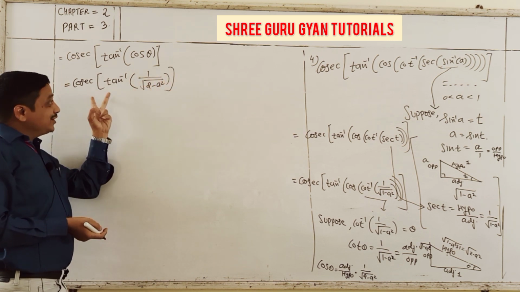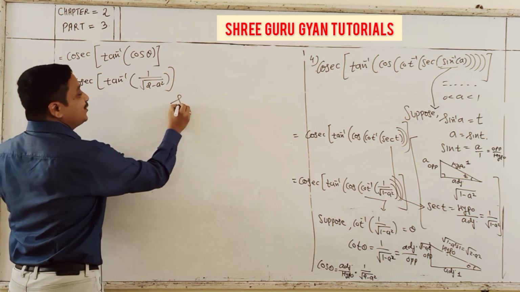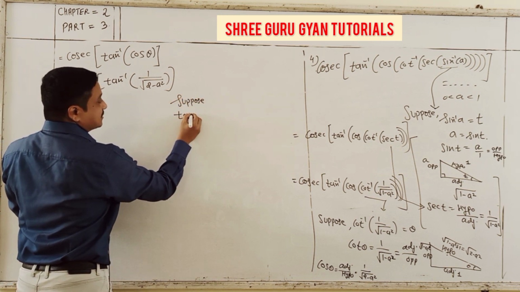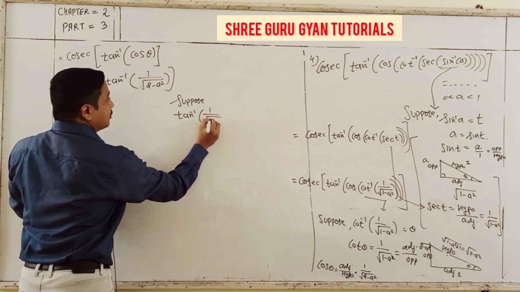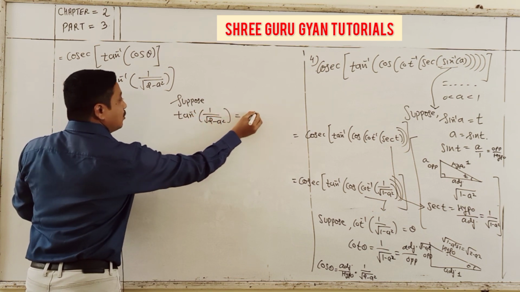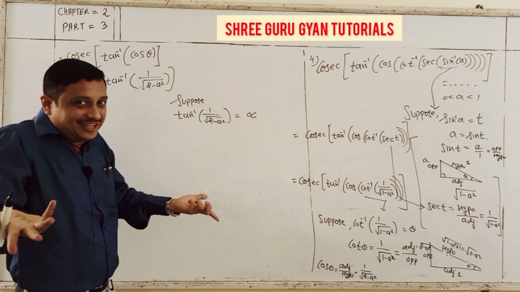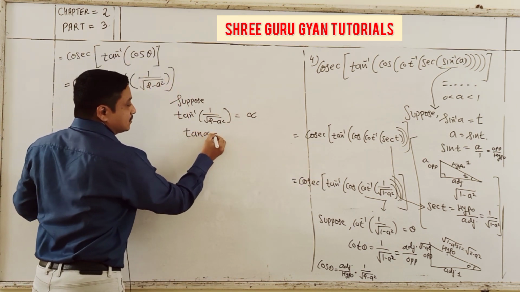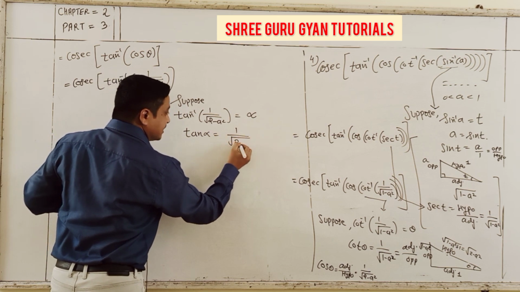Yes, now one more term is left. So again you assume tan inverse 1 upon under root 2 minus a square is equal to alpha, just like any angle, take as you like. So students, my tan alpha becomes 1 upon under root 2 minus a square.